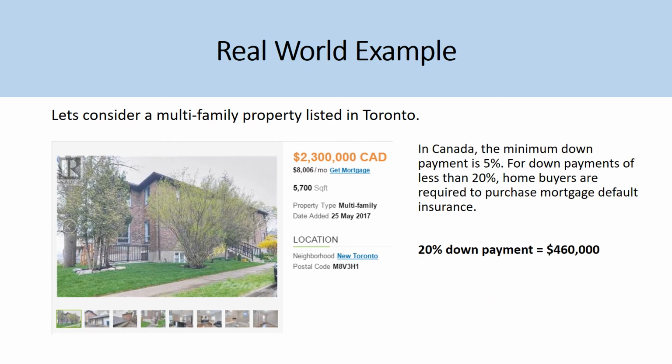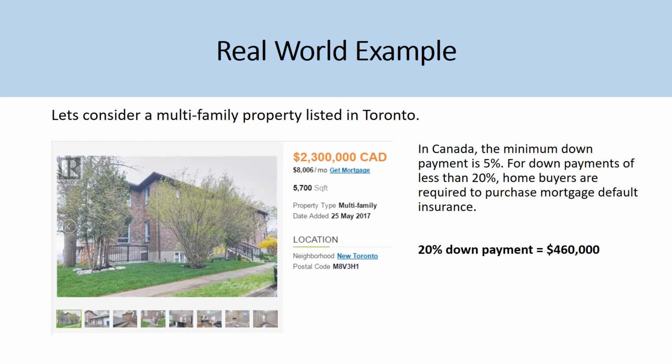Now, there's a problem. Say, for example, I'm considering this deal. I'm in my 20s. I don't have that much money to really pay a down payment. And so once again, I'm in Canada, and in Canada, the minimum down payment is 5% for a home. For down payments of less than 20%, home buyers are required to purchase mortgage default insurance.